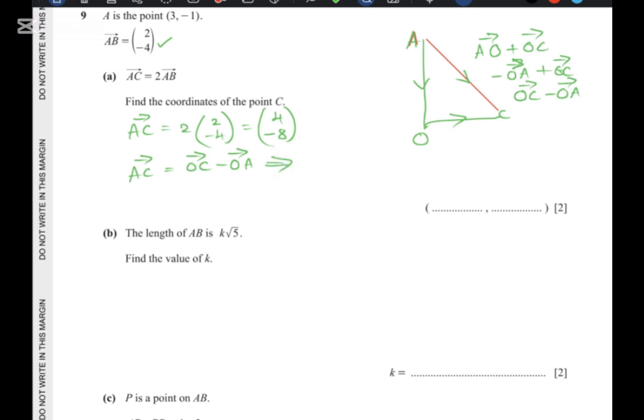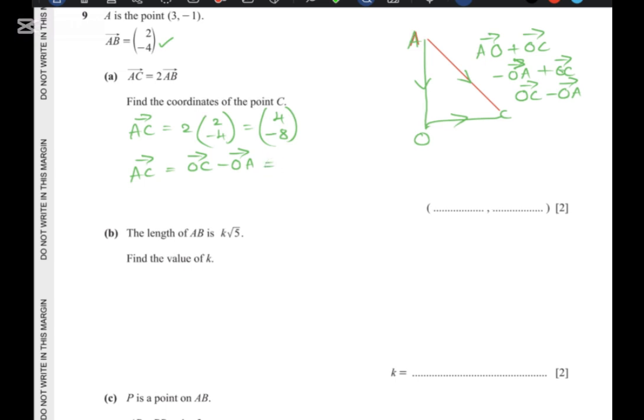Now in this, you know OA, because the coordinates of A we know. We don't know OC, but we know AC. So let me write here AC: (4, -8) is equal to OC, which we don't know, minus A, which we know, that is (3, -1).